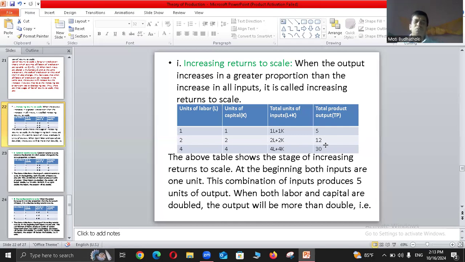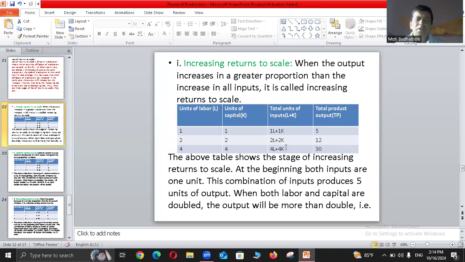The above table shows the stage of increasing returns to scale. At the beginning, both inputs are 1 unit. This combination of inputs produces 5 units of output. When both labor and capital are doubled, the output will be more than double, that is 12 units.